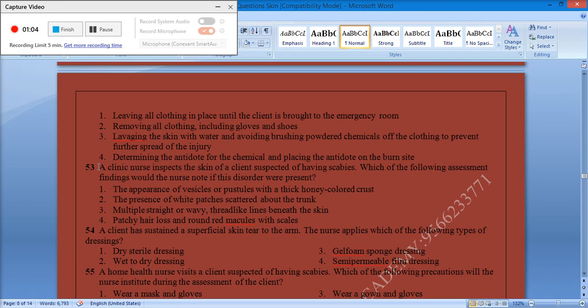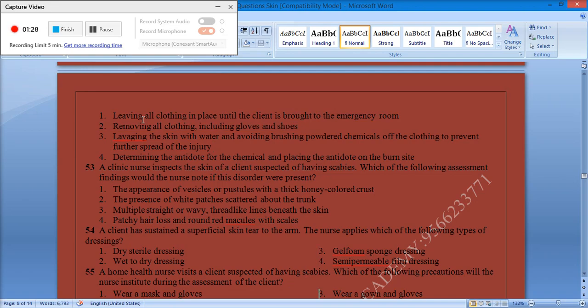Lavaging the skin with water and avoiding brushing powder chemicals off the clothing to prevent further spread of the injury. 4. Determining the antidote for the chemical and placing the antidote on the burn site. The correct answer is 2. Removing all clothing including gloves and shoes.